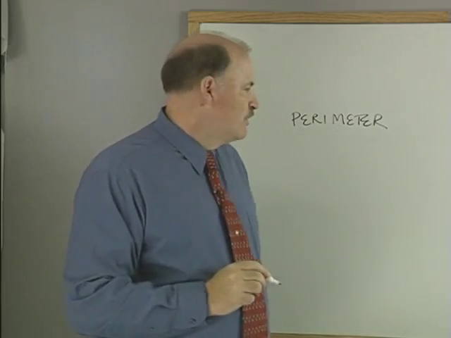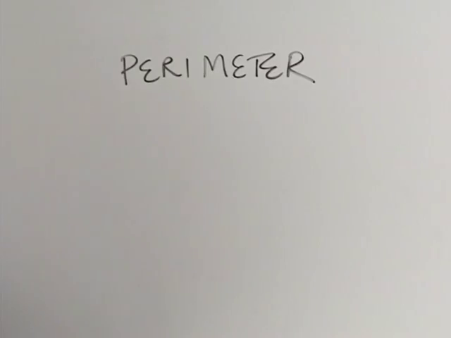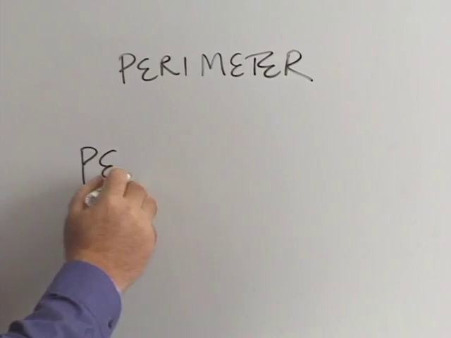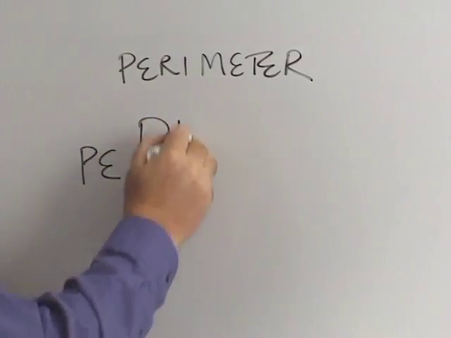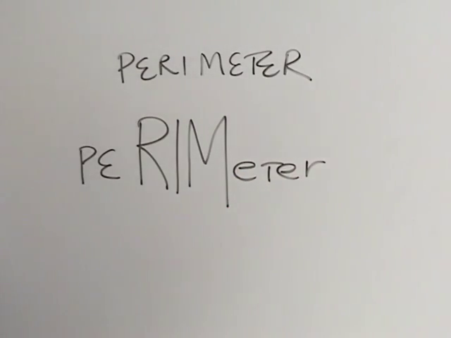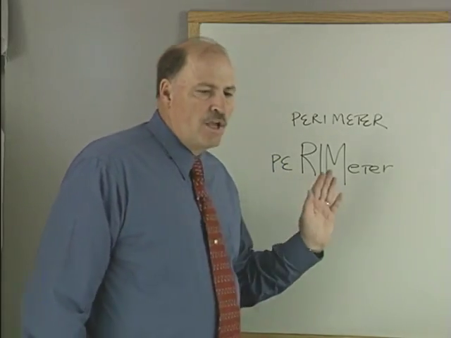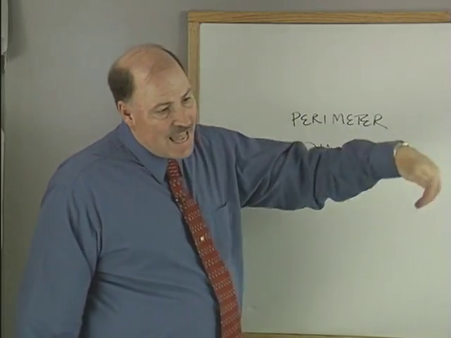You put it together and you say perimeter, which helps when you think about it, because here's how I like to write the word. What do you notice in there? Rim. Rim, because the rim is the outside edge.